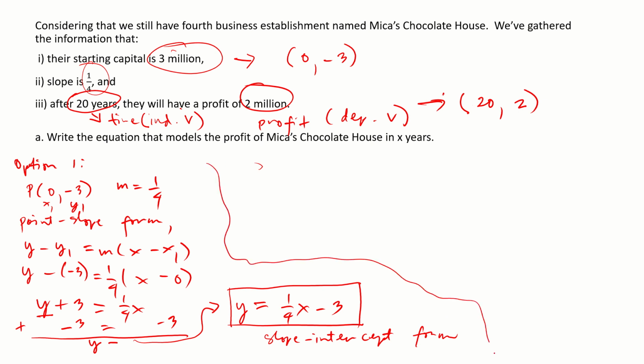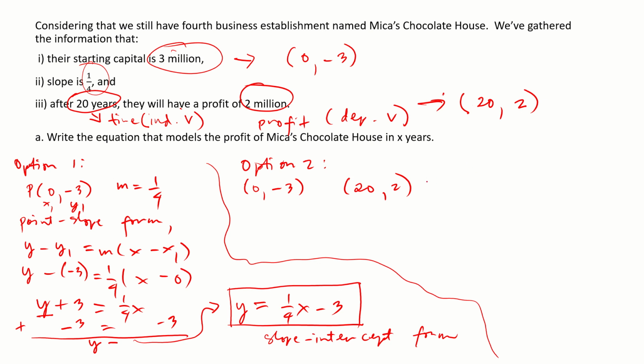Now, what if you decided to use another method to find the equation that represents the profit of Mika's chocolate house in x years? So you can consider 2 points on the line. So the first point probably would be your starting capital, and the other one would be your profit after 20 years, in which it's 20 and 2.